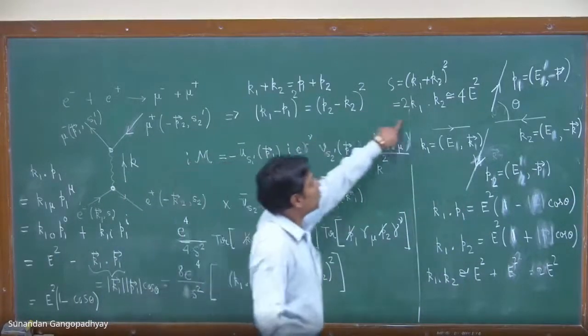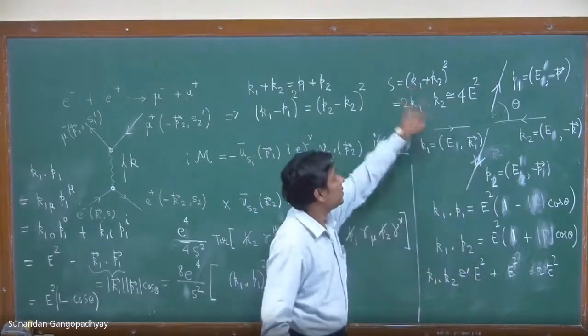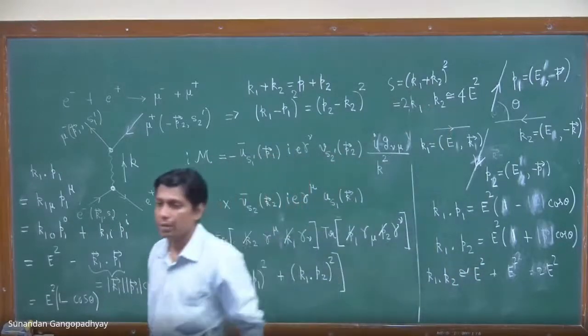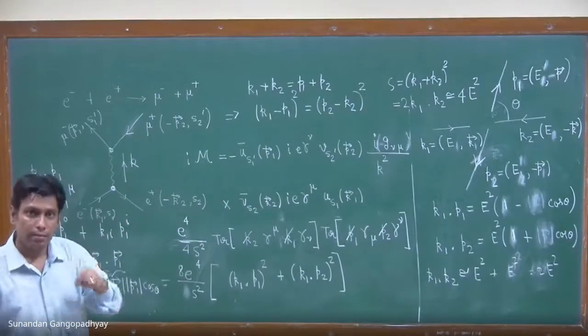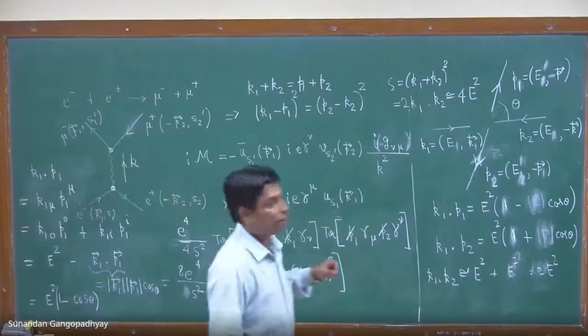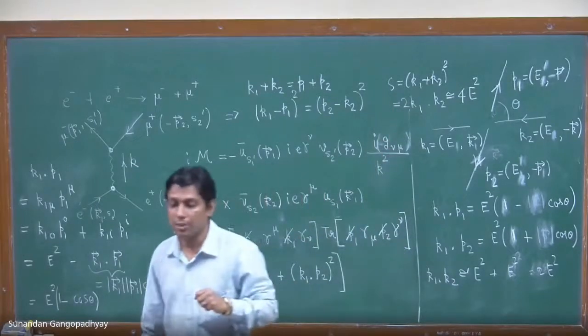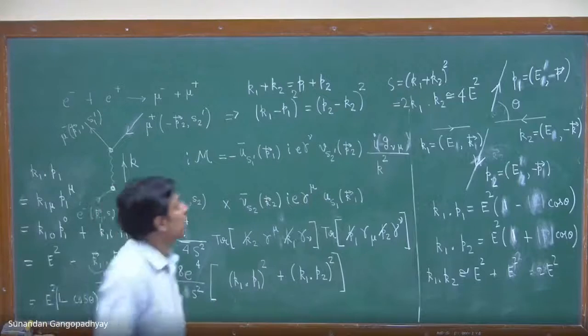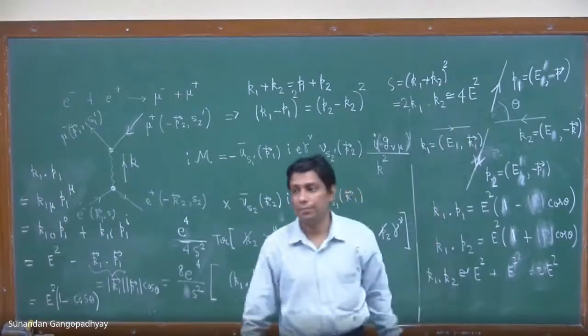Therefore, S is 2 K1 dot K2. K1 dot K2 is 2E square, so S is 4E square. So the Mandelstam variable S, the S channel variable, is 4E square. You asked in the previous class what is the physical meaning of this Mandelstam variable S? It is basically related to the center of mass energy.